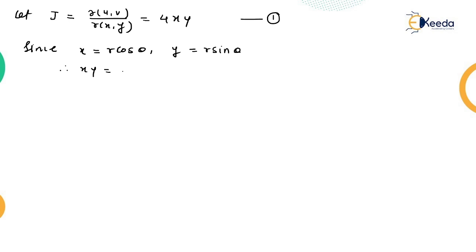For xy, x is r cos θ and y is r sin θ. Therefore xy becomes r square sin θ into cos θ, because r into r gives r square. Let's label this as equation number 2.